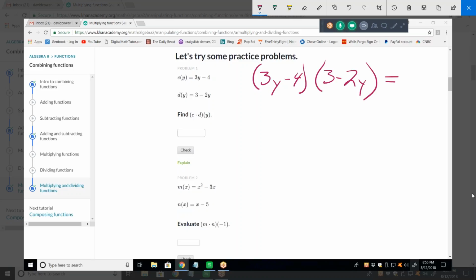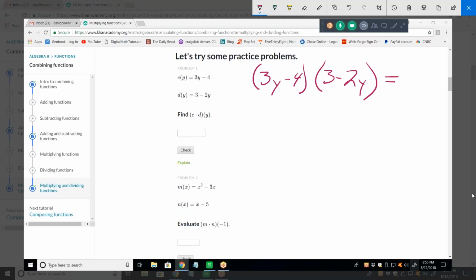Hold on. Always use a certain order on these. Don't jump around, and there's a reason for that. In other words, you just did the L of FOIL. Let's do the F first. What's the first?